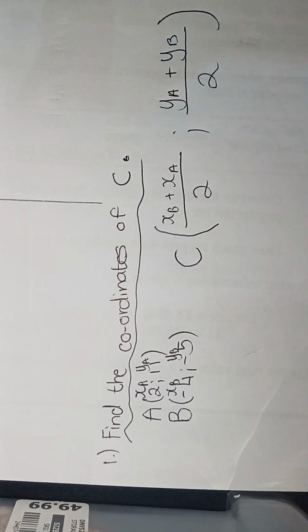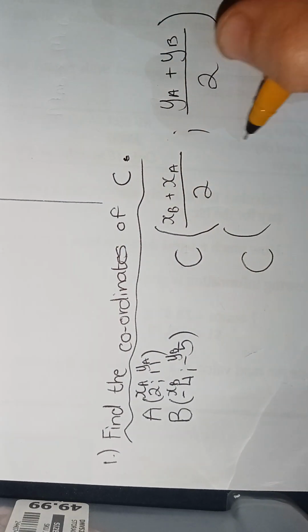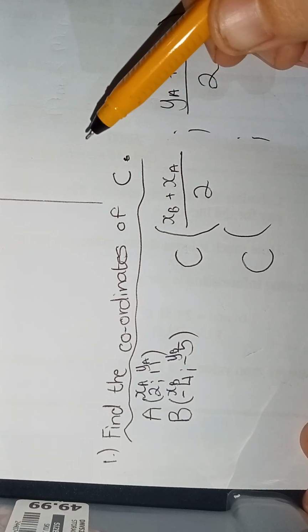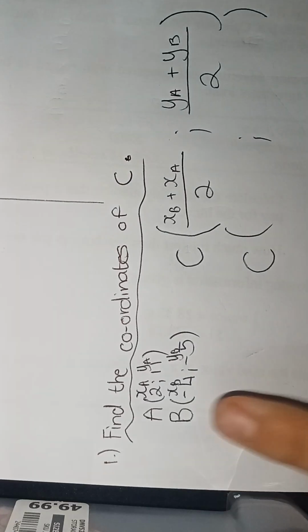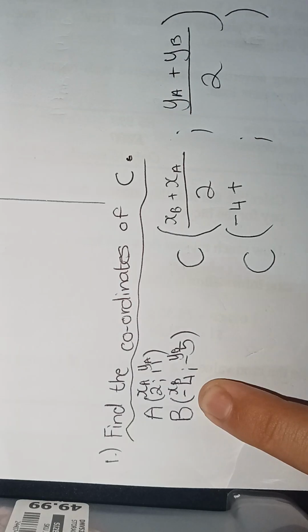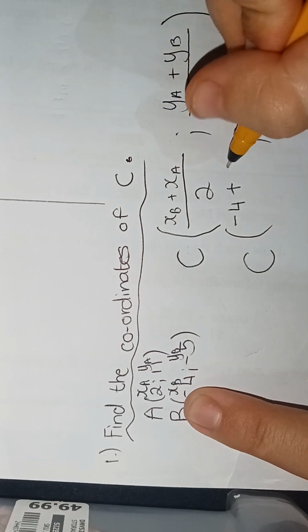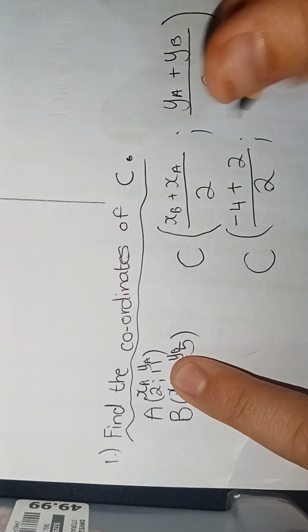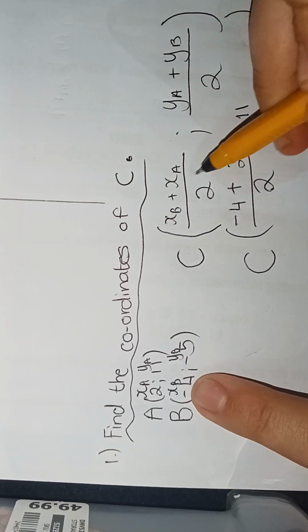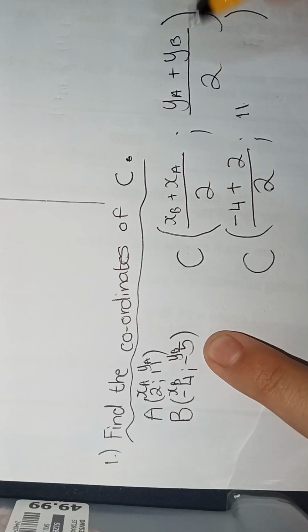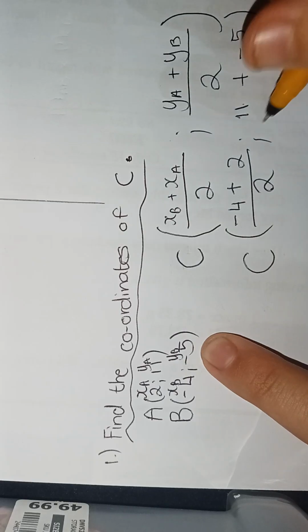Now all that you do is substitute. XB is -4, so write -4 plus XA is 2, divided by 2. YA is 11. I'm sorry, that's X; I think I said Y. So you're going to say 11 plus YB, YB is -5, divided by 2.